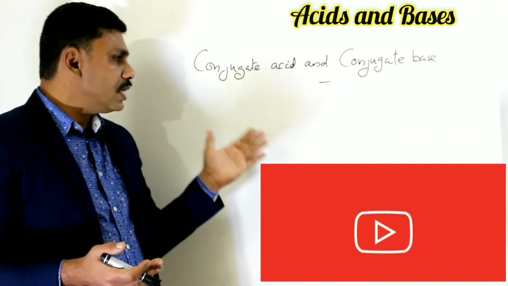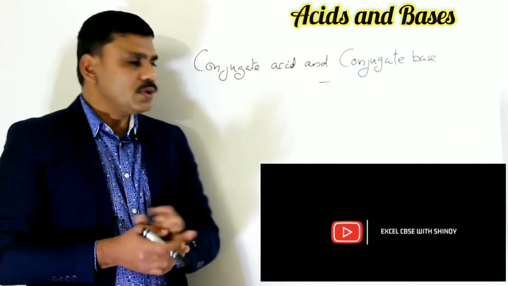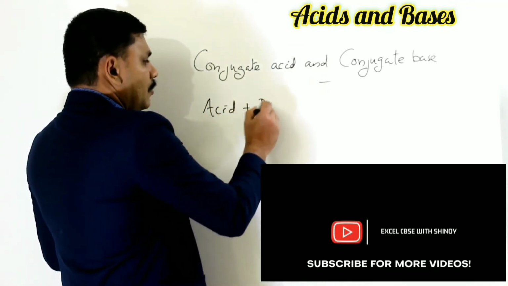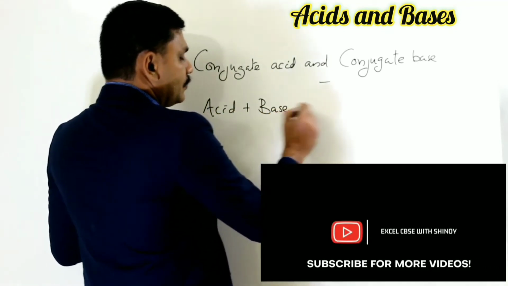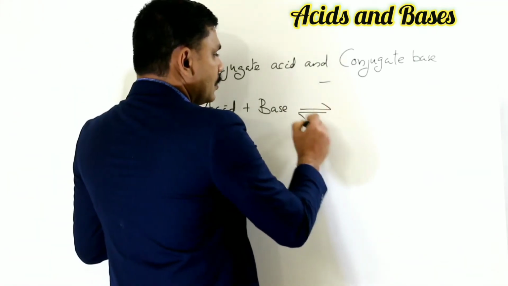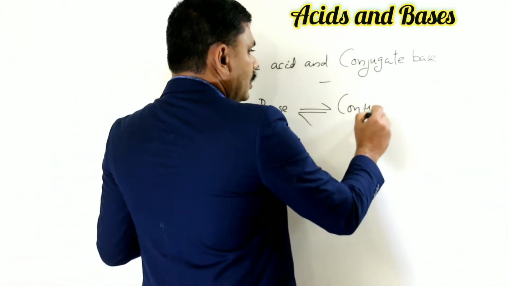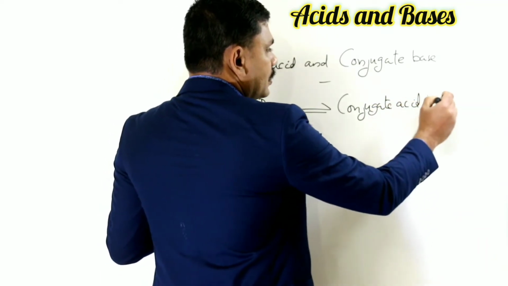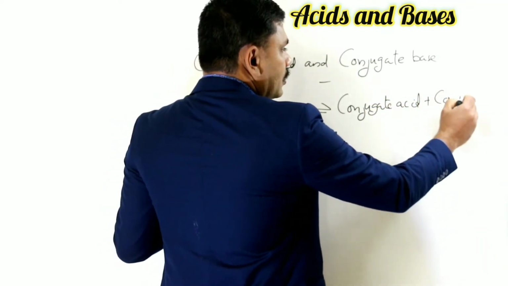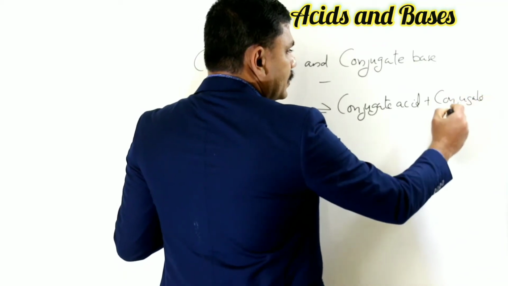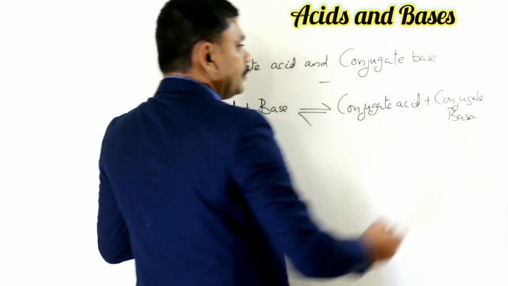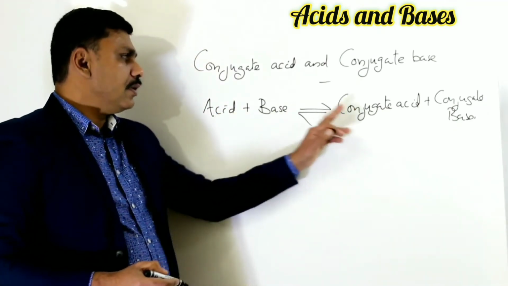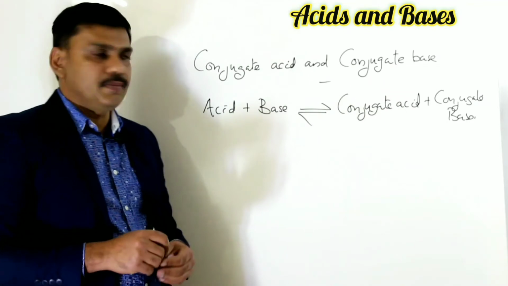What do you mean by conjugate acid? So you know that acid plus base gives conjugate acid plus conjugate base.